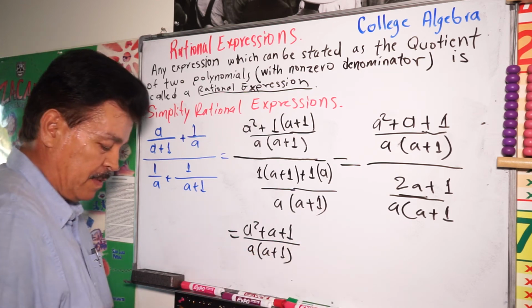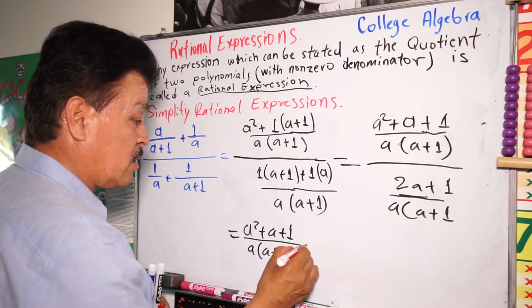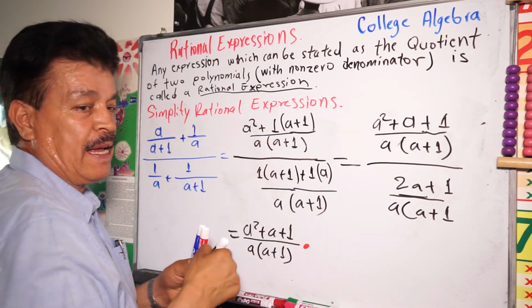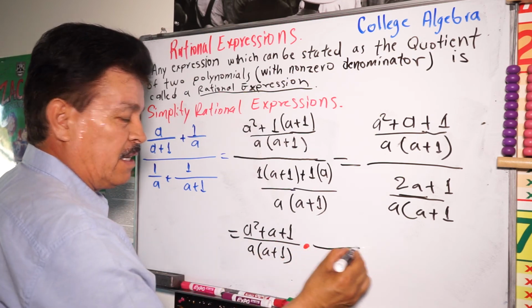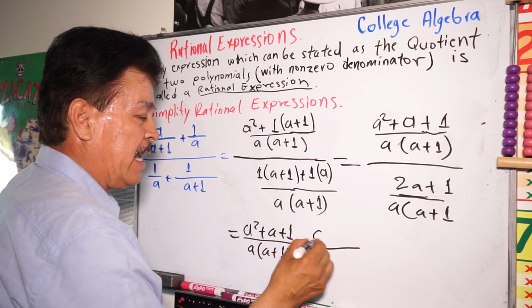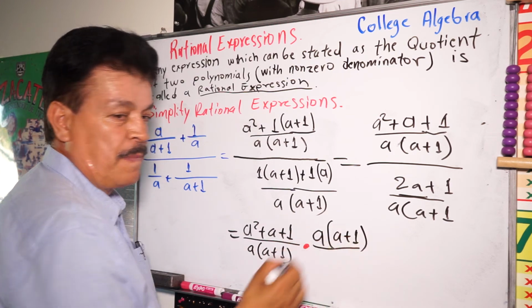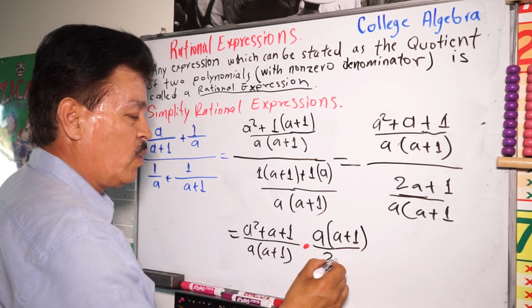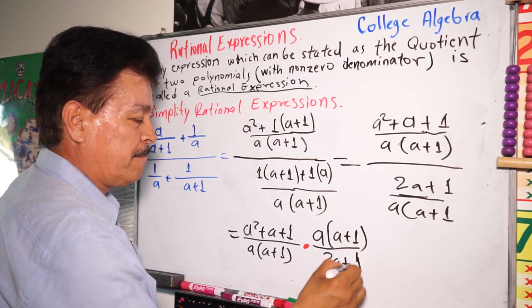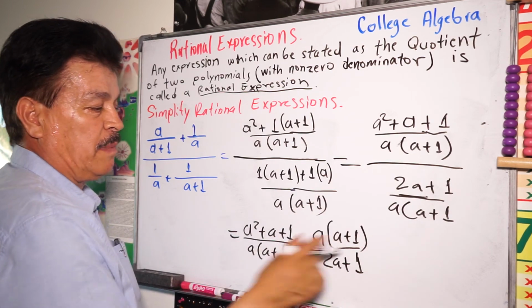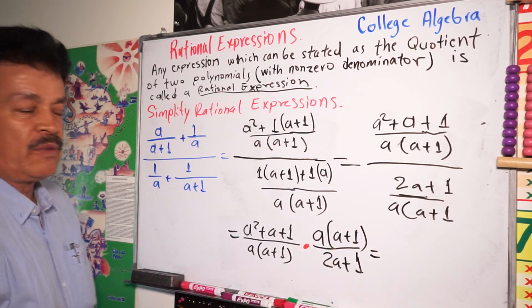Times, look at this, times what expression? Cross multiply like here. We're going to write the number right here, a times a plus 1, over 2a plus 1. Yes, this one. Multiply this one for this one. Now you get the answer.